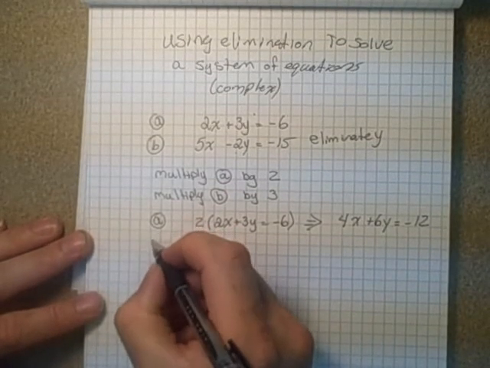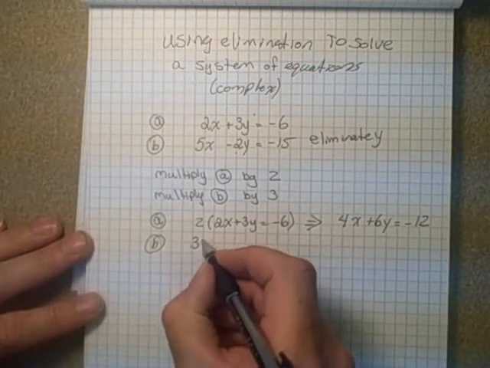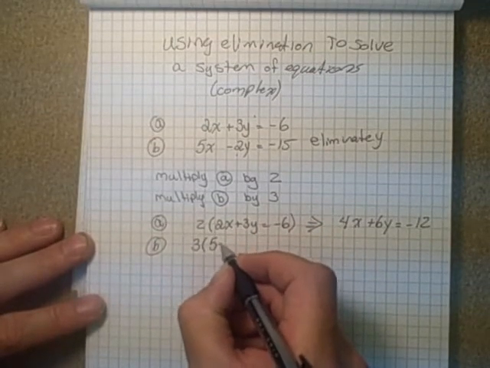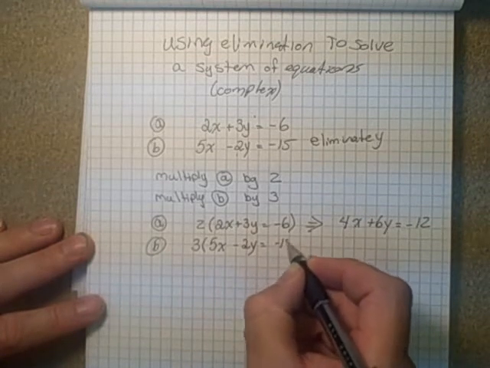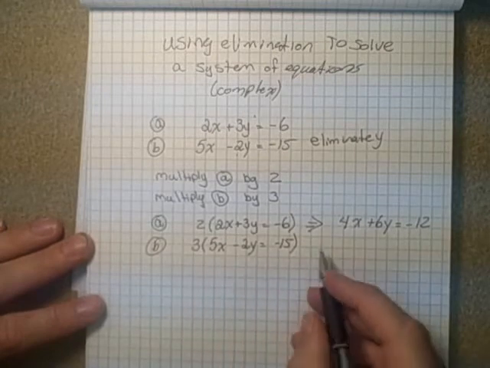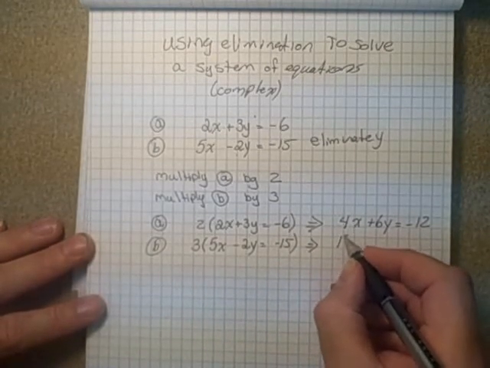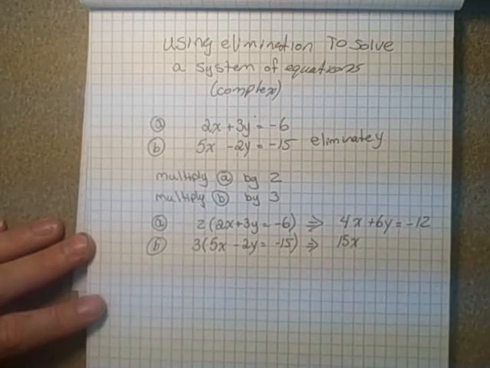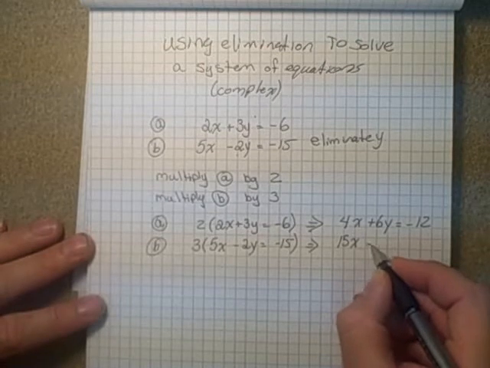Okay, then I'm going to do the B equation now. I'm going to multiply it by 3. So 3 in front of the B equation, which is 5x minus 2y equals negative 15. So moving it over here, 3 times 5x is 15x. 3 times negative 2y is negative 6y.